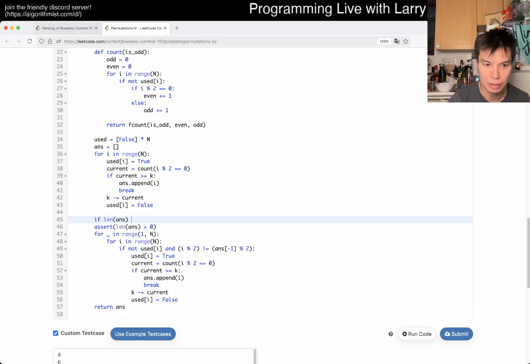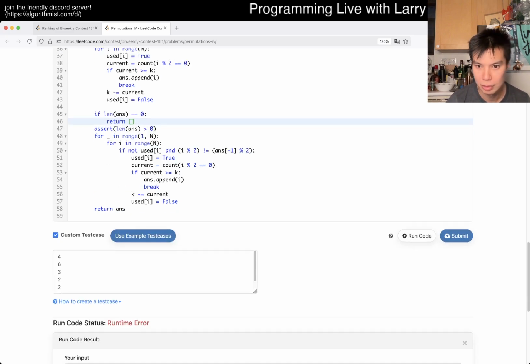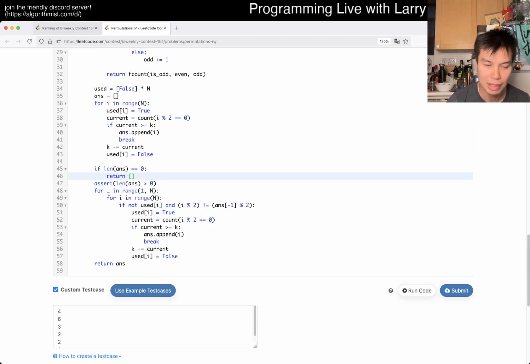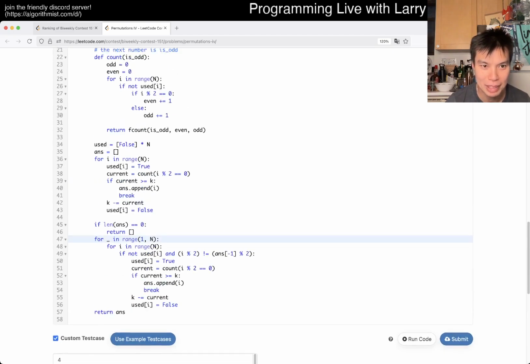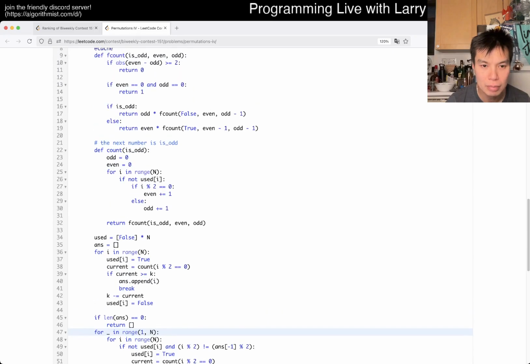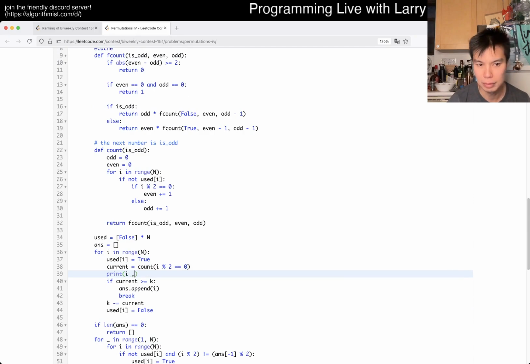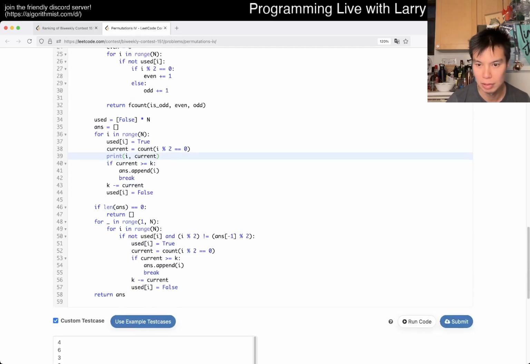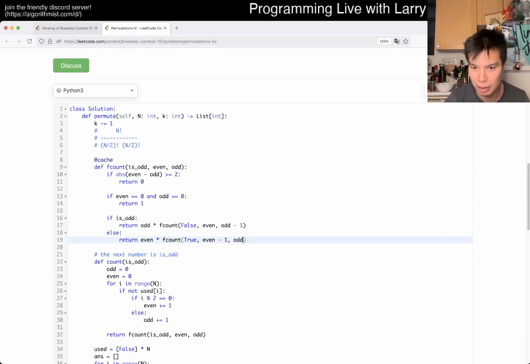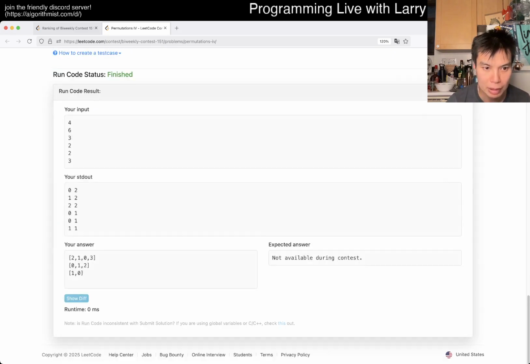Length of n is equal to 0, then we just return. Okay, well, that's not great, but that's okay. Maybe this implementation as well. Did I mess this up? Why is it this way? Okay, copy and paste error, maybe.